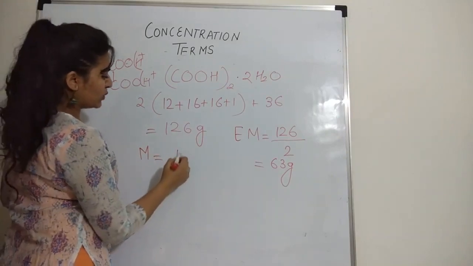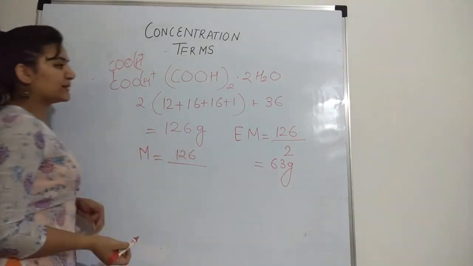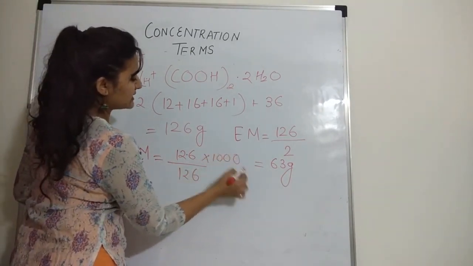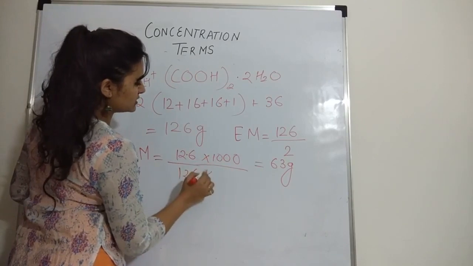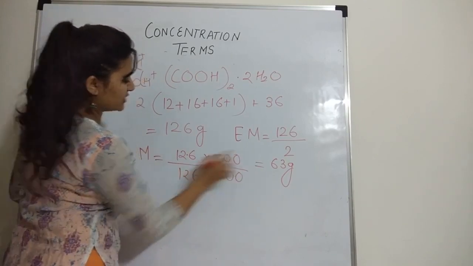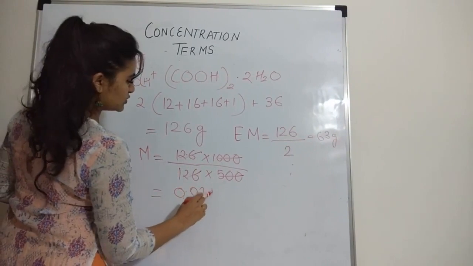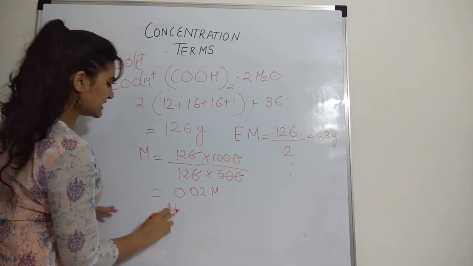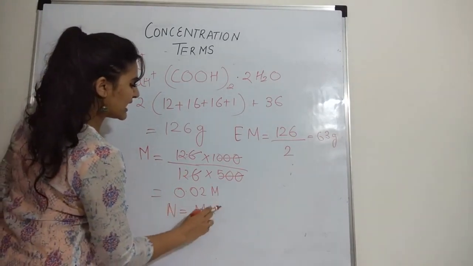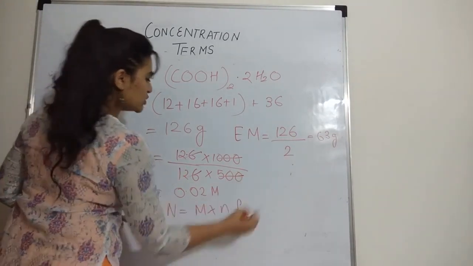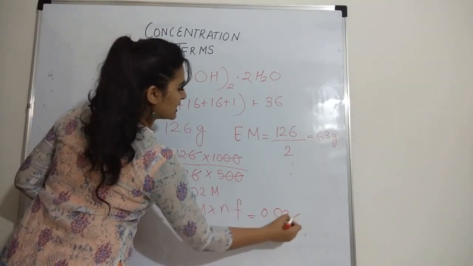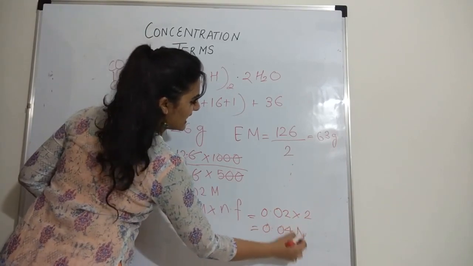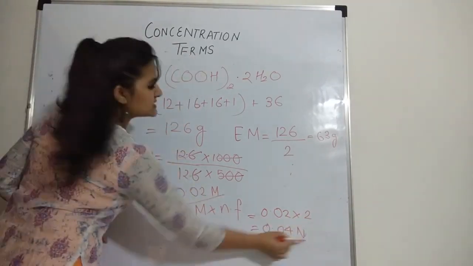W by M, 126 upon capital M, 12.6 upon 126 into 1000 and it is in 500 ml of the solution. Because it was given in ml, we have made it 1000 by 500. Similarly, if I have to find normality, N equals M into n factor. N factor is 2, so it will be 0.02 into 2, which is 0.04 N. So this is your molarity, this is normality.